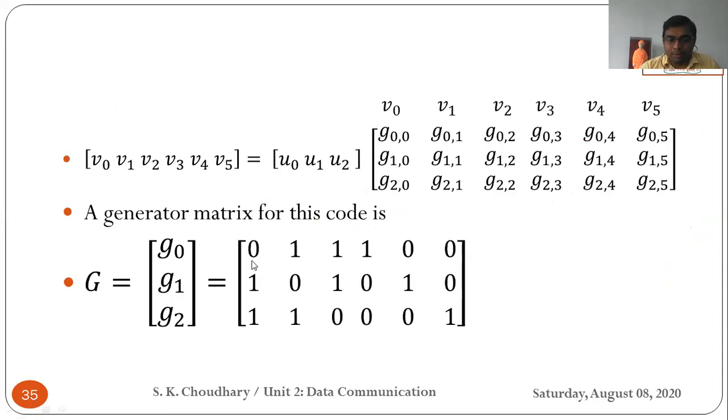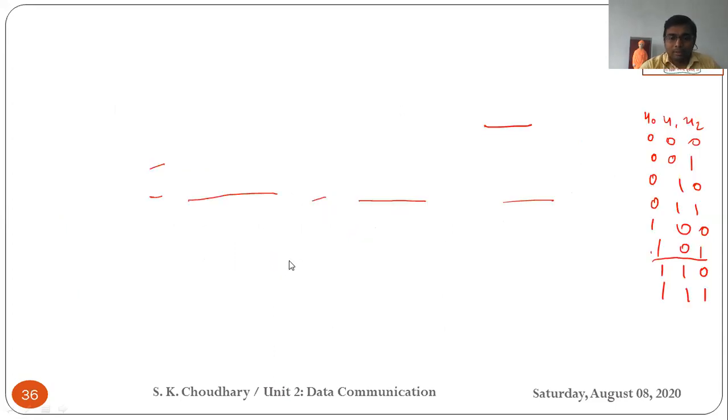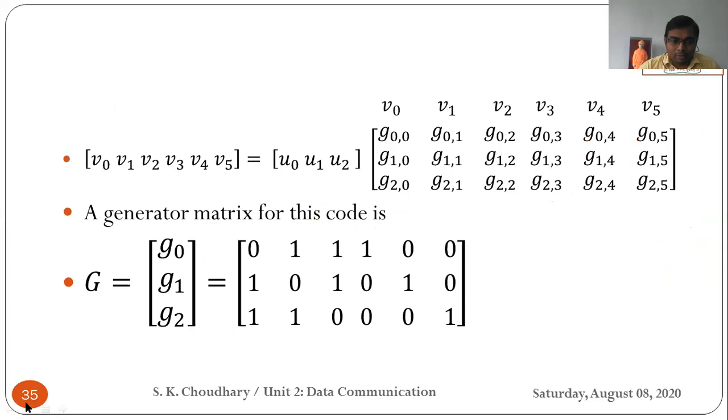So the first bit of 101, that is 1, is multiplied by the first row, the second is multiplied with the second row, and the third with the third row. Since it is 101, the first and last remain, and the middle one is nullified because it is a 0.